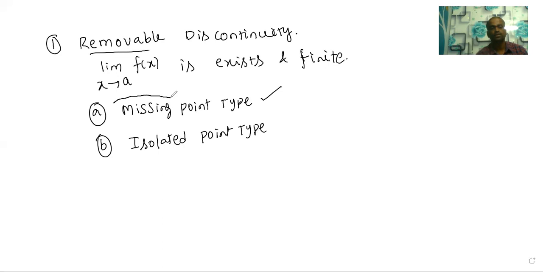If you observe the name itself, it has missing point. It means the function is not defined at the given point.